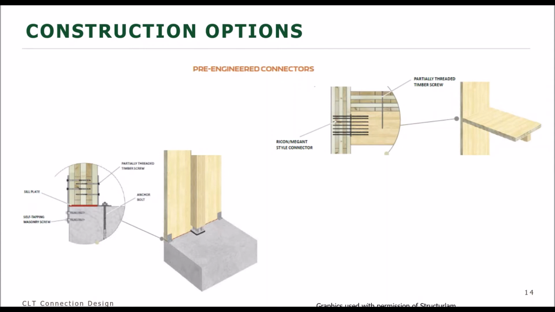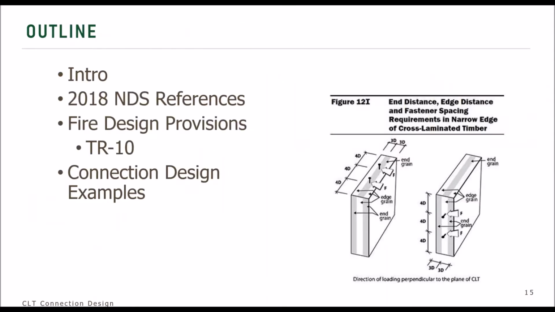And then on the right, you see a glulam supporting beam and a pre-engineered connector that would be used to fasten that glulam support to the CLT wall and then provide support for the CLT floor panel. So you'll see a lot of use of different types of hardware. Most of it right now is probably proprietary, but there are some lag screws and other standardized fasteners that could work as well.